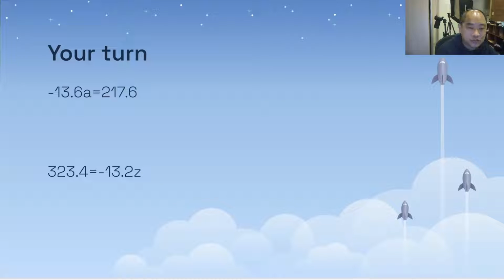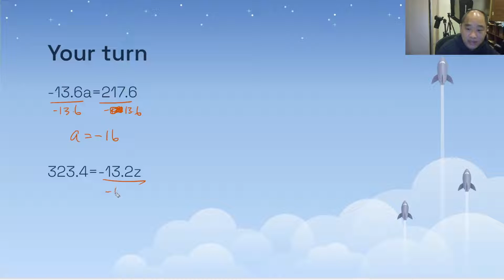Here's some more of your turns. Divide both sides by negative 13.6. 217.6 divided by 13.6 is 16. A positive divided by a negative is negative 16.